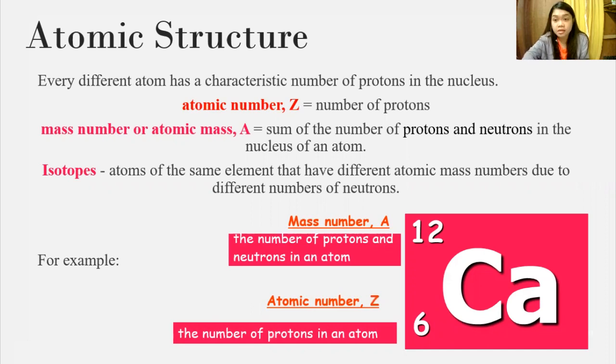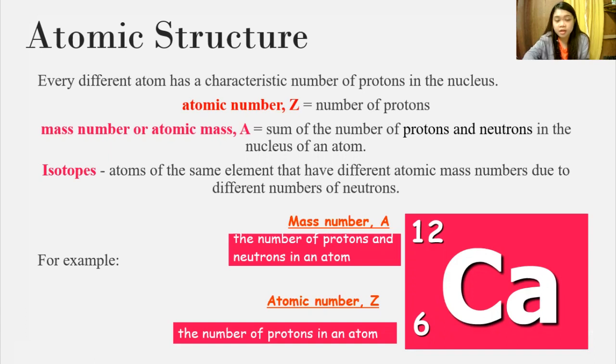So if you see an elemental representation like this, just think that the upper number is the mass number, while the lower number is the atomic number.